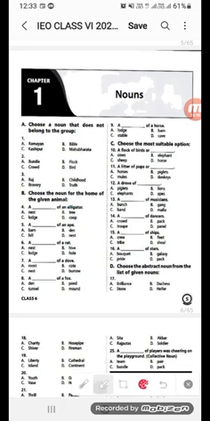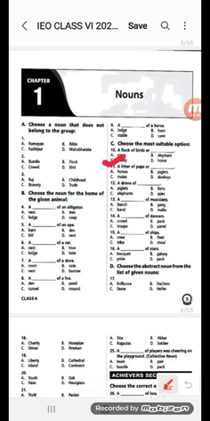So the correct answer will be C. Now number 11. A litter of pups, or here the correct answer will be piglets. The collective noun litter we can use for pups, that means puppy, and for piglets also. So the correct answer will be option B.